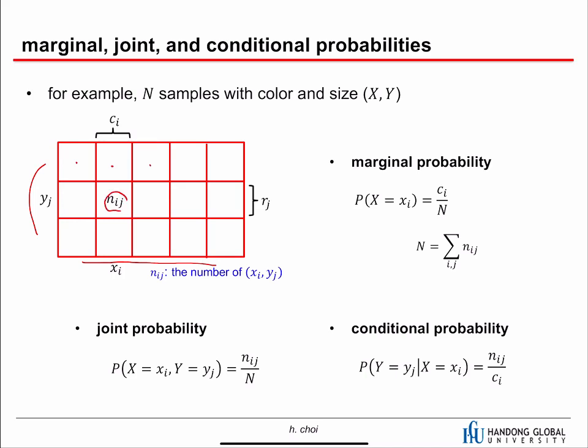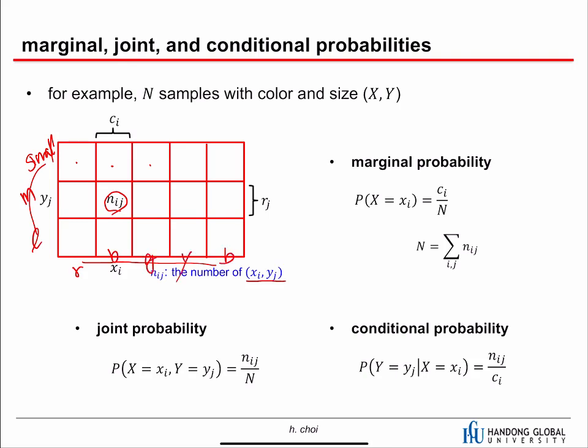So n_ij is the number of this specific case. Let's say this one is a small size, and this one is a medium and a large, and this one is red and blue and green and yellow and black.